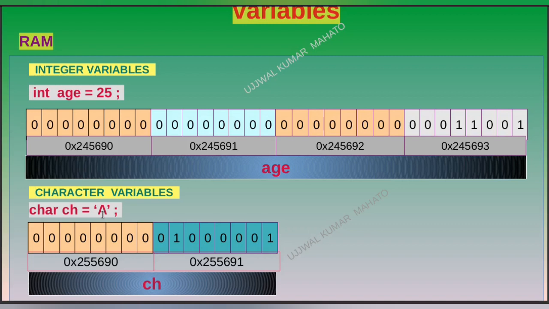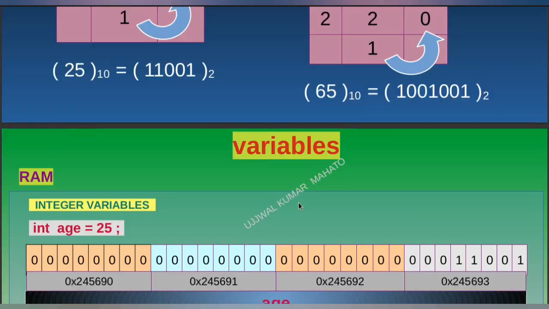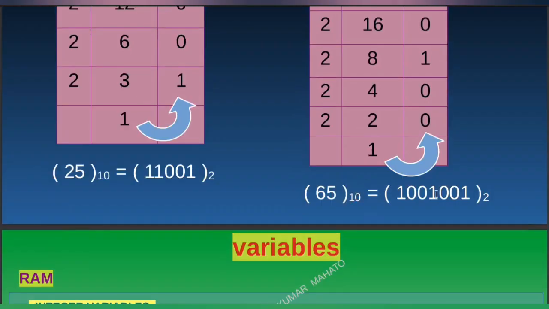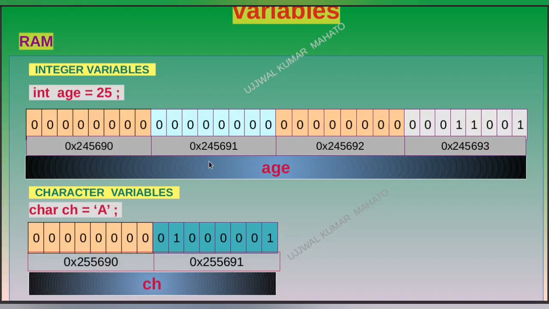In any programming language, characters are stored as ASCII values. So capital A has the ASCII value of 65, and the binary form of 65 is here.